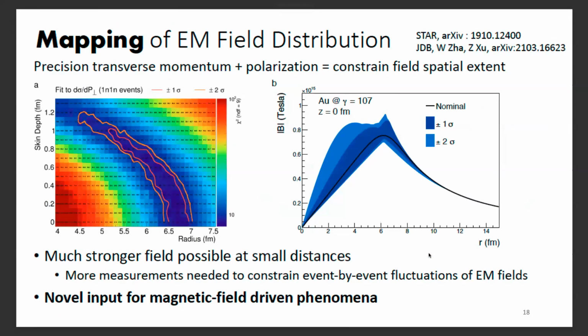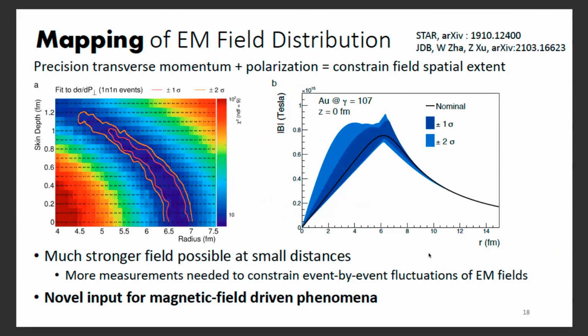And not only that, we can also use the R and skin depth and try to fit the data to see whether we can constrain both parameters. And this is one of the examples. You scan the radius and skin depth parameters, fit the data, and get a minimum chi-square.